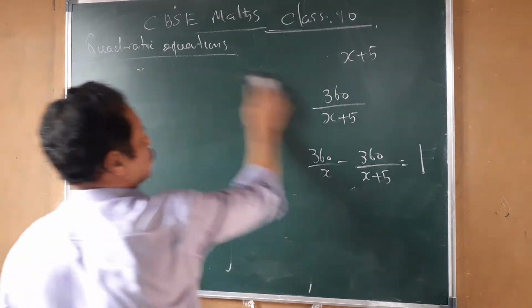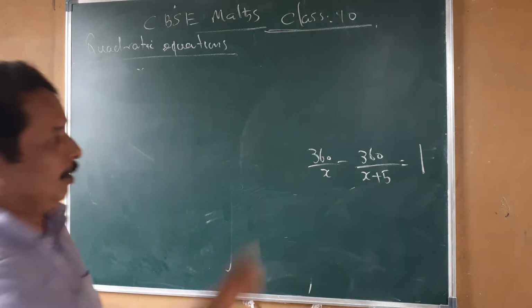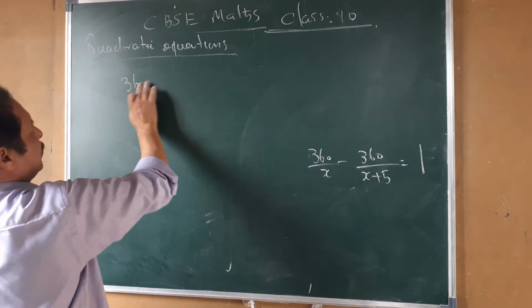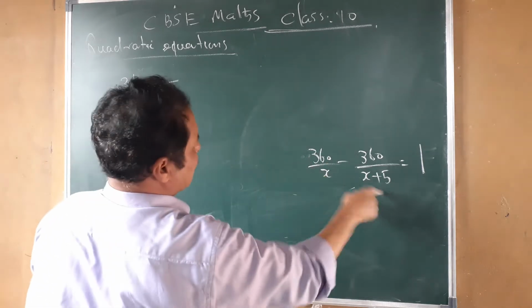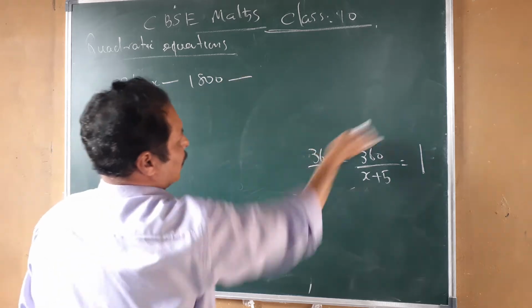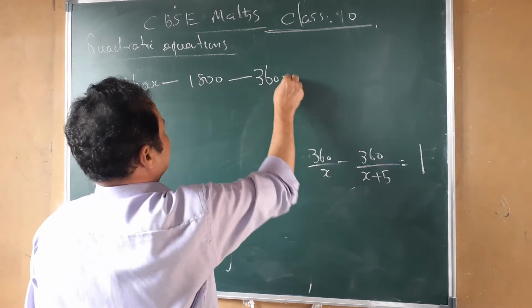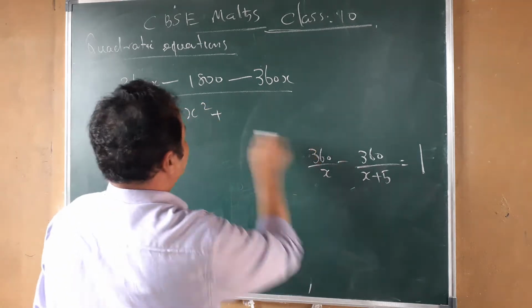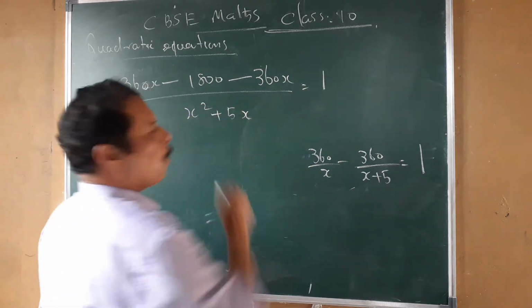And by cross multiplying, you get 360 into x plus 5, that is 360x plus 1800, minus 360x, divided by x into x plus 5, equal to 1.